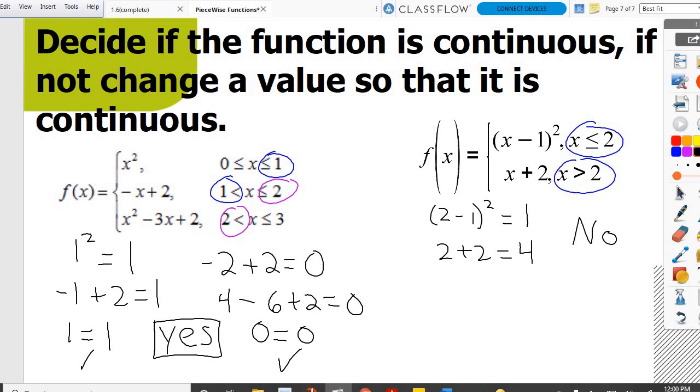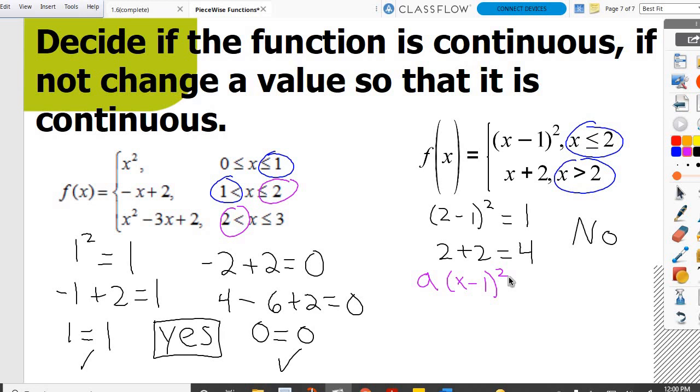Now, remember yesterday, the last part of our notes, we talked about finding a values that stretch or compress our graphs? Do you remember doing that? So, notice, if I were to stick an a value out in front of my first piece, I'm only changing one value.